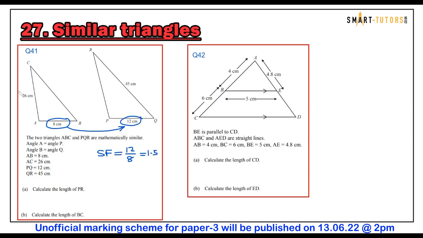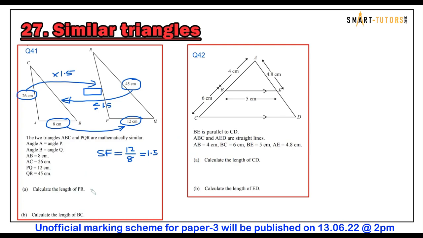In the small triangle, each and every side is going to be multiplied by the scale factor 1.5. You will get the PR. If you want the QR, you need to go the reverse way, which means dividing by the scale factor 1.5. So big to small, divide; small to big, multiply by the scale factor.